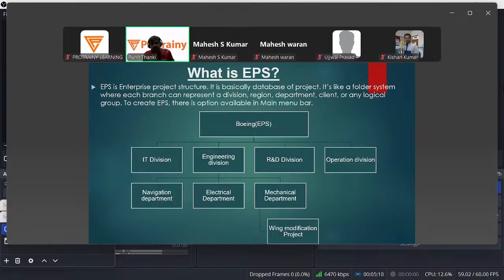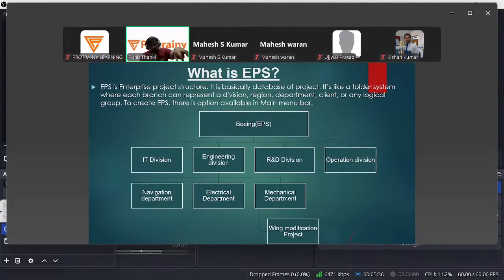So Boeing has particular divisions: IT division, engineering division, R&D division, operation division. In each division, there are different departments. In the engineering division particularly, there is a navigation department, an electrical department, a mechanical department. So too many nodes are there under the EPS. EPS is the main node, like our sun. In our solar system, the sun is the main.